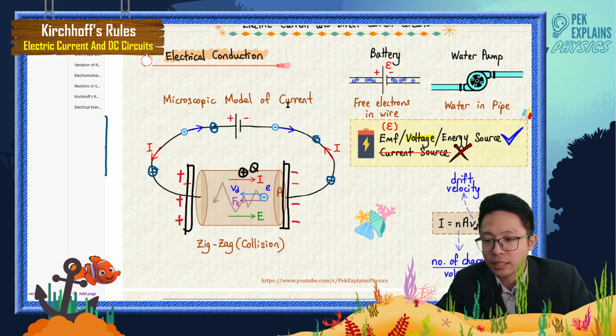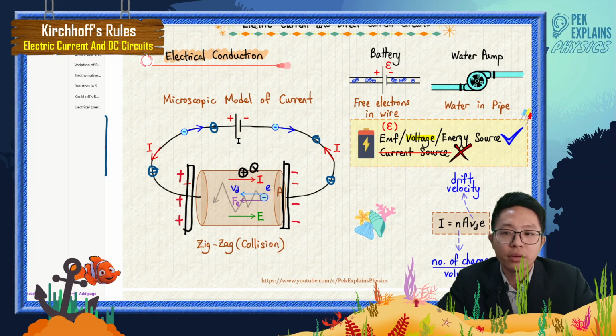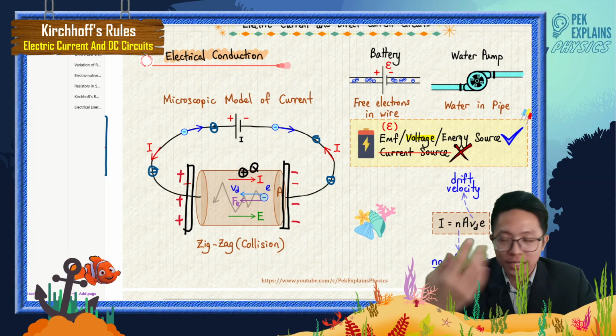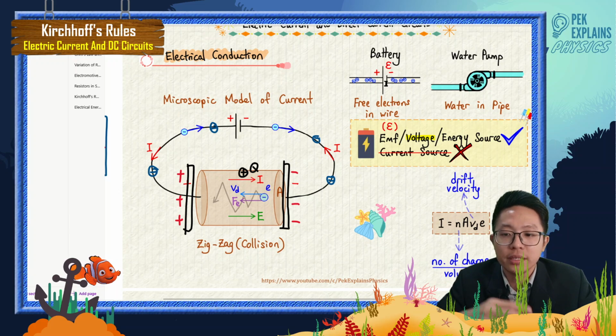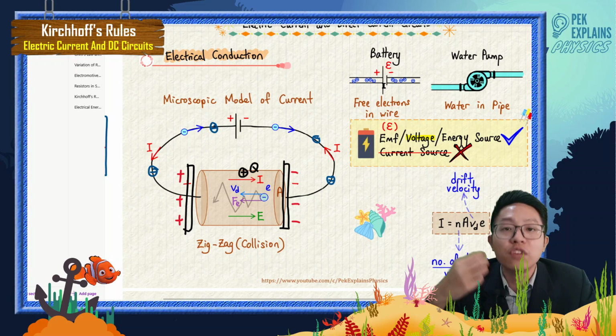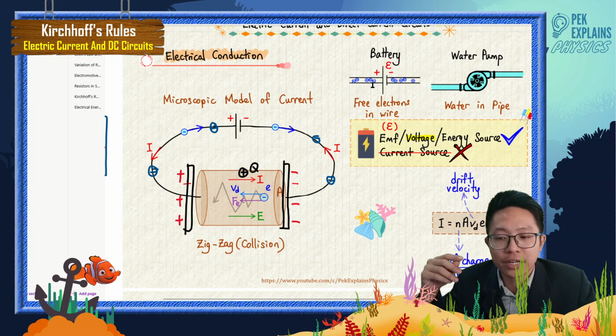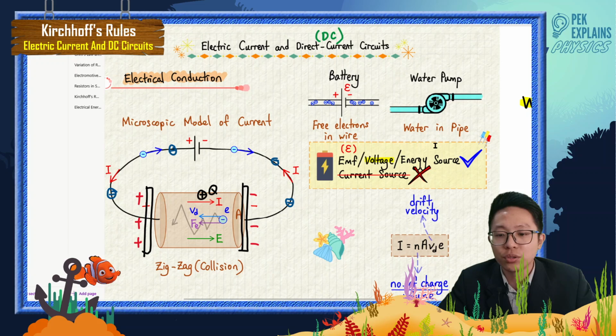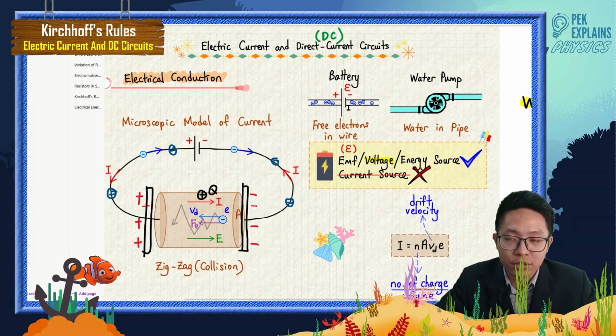The battery is not there to give out the electrons. The battery is just there to drive the electrons, to move them in the circuit. It gives energy to each electron so that the electron can move in the circuit. So the battery is the energy source, providing energy for the electrons in the wire to move.